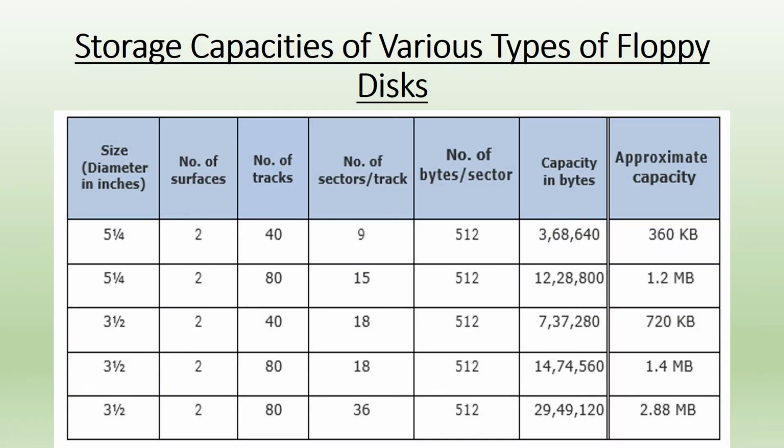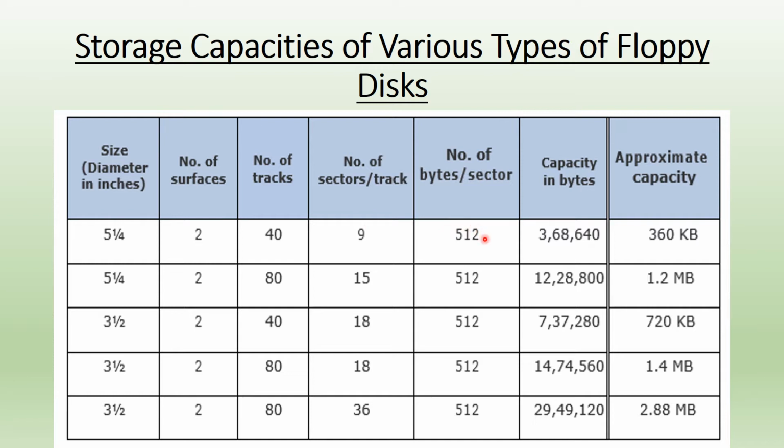Now the storage capacity for floppy disks. Of course they have different sizes, so they have approximate capacities. For example, in this table, the first one is 5 and 1/4 inch. Number of surfaces: 2. Number of tracks: 40. Number of sectors per track: 9.